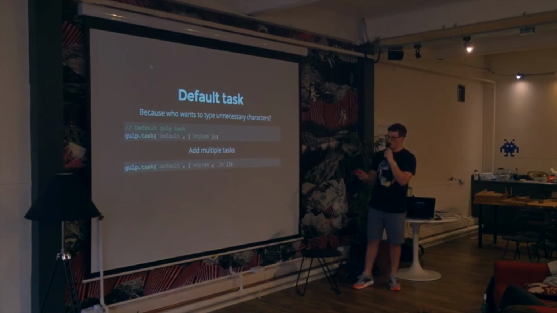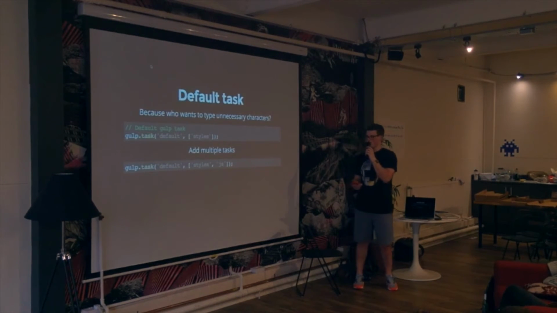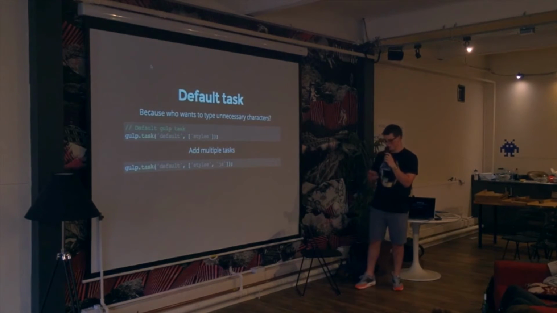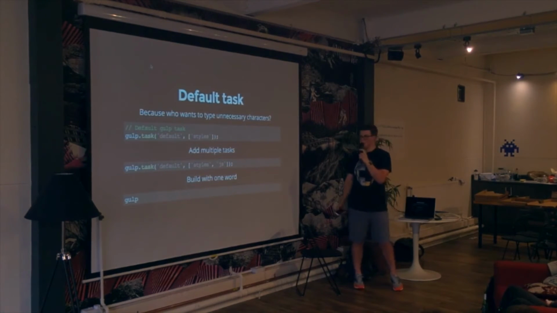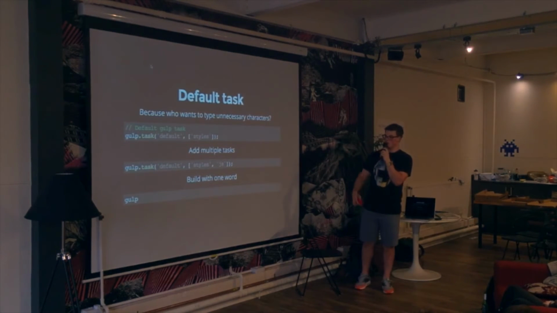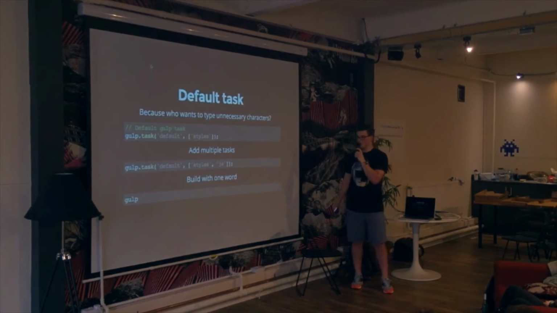But because it's an array, we can pass multiple tasks in. So we can run the styles task for our CSS, and we can also run the JS task for our JavaScript, CoffeeScript, or whatever your flavor is. And that can be built with one word in the command line, because it's using the built-in default task.